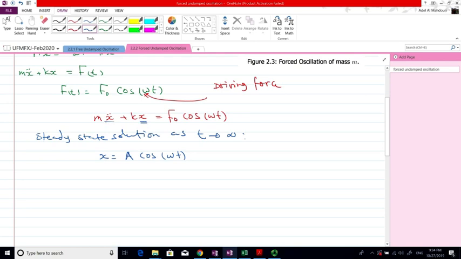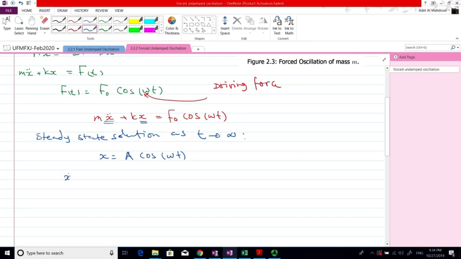But what about x double dot, which is the acceleration? It's nothing but the second derivative of the displacement, and the derivative is with respect to time.